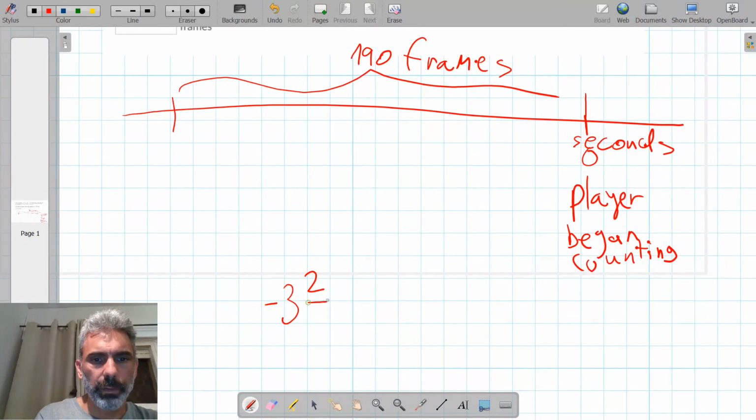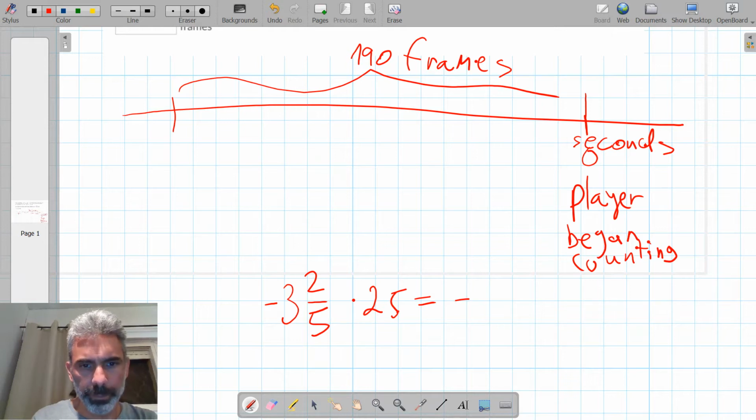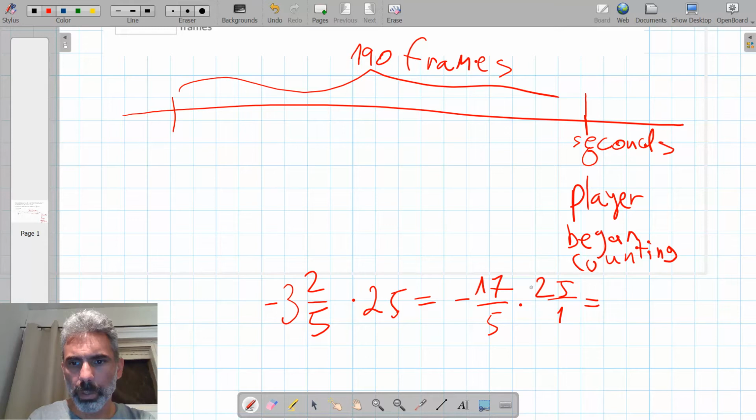Okay, so -3 and 2/5 times 25 frames is the same thing as, let me translate this into an improper fraction. So 5 times 3 is 15, plus 2 is 17 over 5 times 25 over 1. So this simplifies to 5, this simplifies to 1.